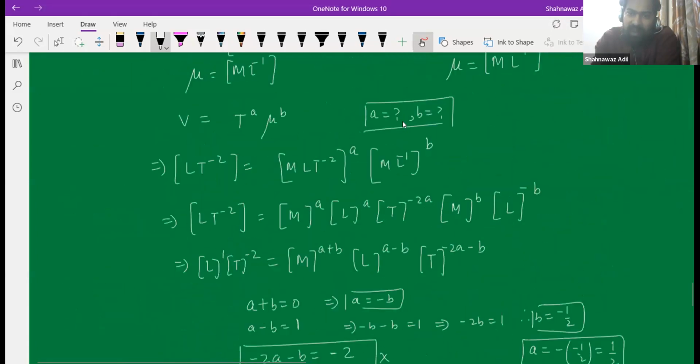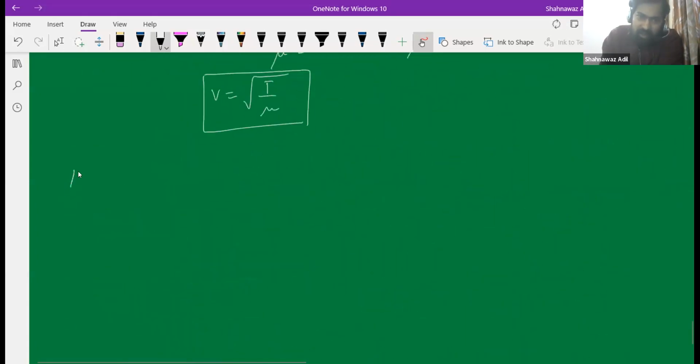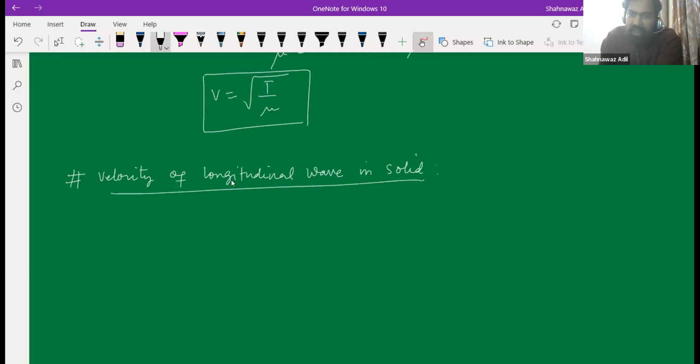Similarly, we have the velocity of longitudinal wave in solids, because the transverse wave won't propagate in solids. As for example, sound waves propagate in solids.